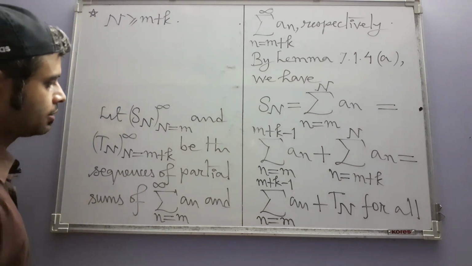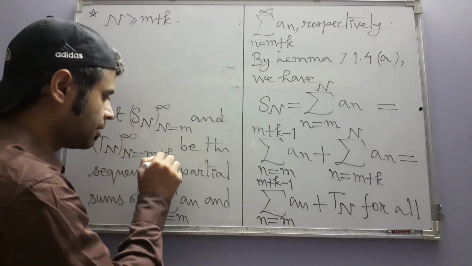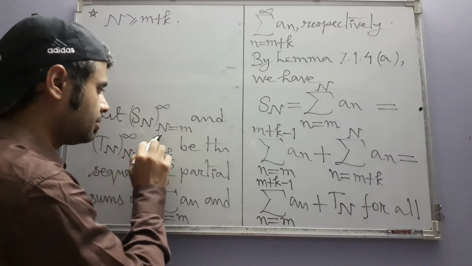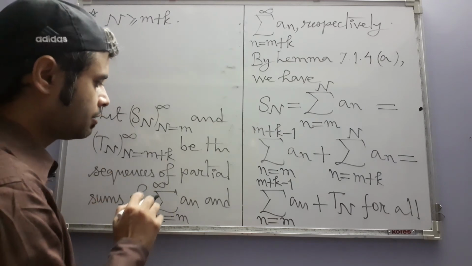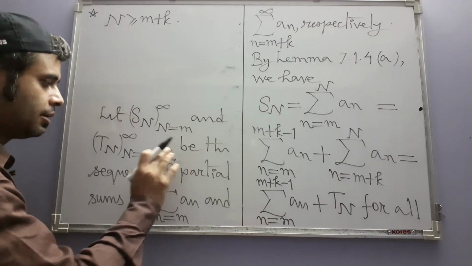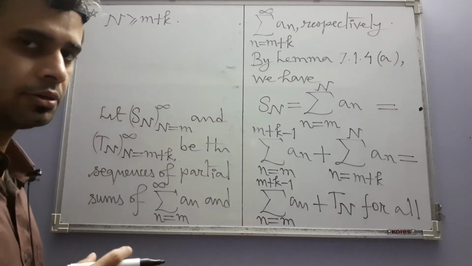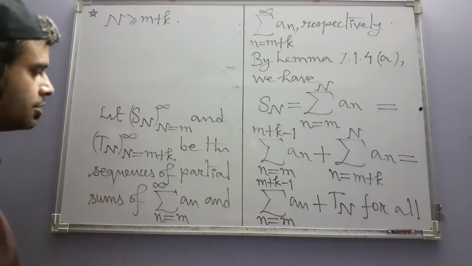Now note that when capital N is greater than or equal to m plus k, capital N is automatically greater than or equal to m. Why? That is because the k we have chosen to be a natural number. So k is a non-negative integer.